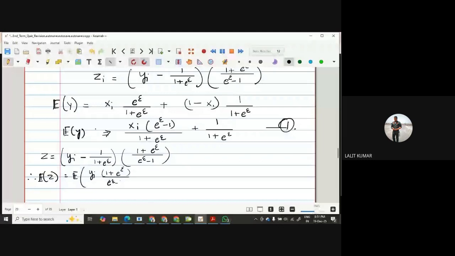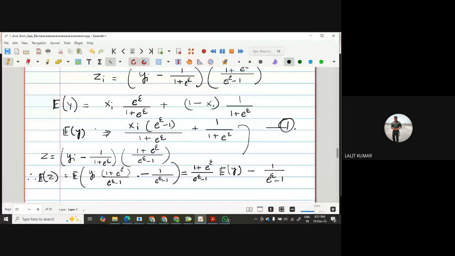If we open this, this will become expected yi into 1 plus e to power epsilon minus 1, into minus, when you multiply this will become 1 minus e to power epsilon minus 1. This is okay. Now here these are fixed terms, only random is yi. So this will become 1 plus e to power epsilon over e to power epsilon minus 1 expected of y, minus 1 over e to power epsilon minus 1.